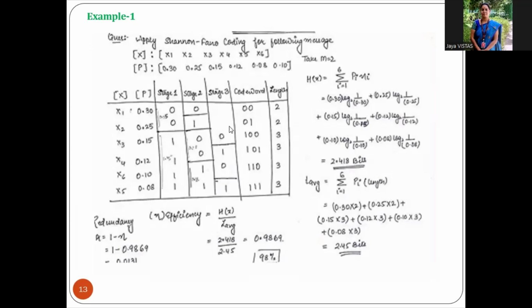Then move to stage 3. Here only one symbol is left, so leave it. Here x2 also has only one symbol, so you can leave it. Then come to the third group, x3 and x4.